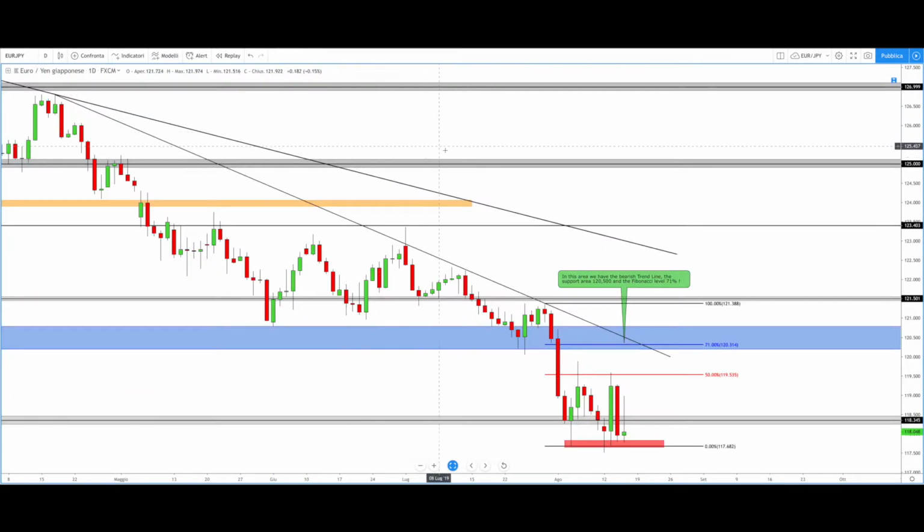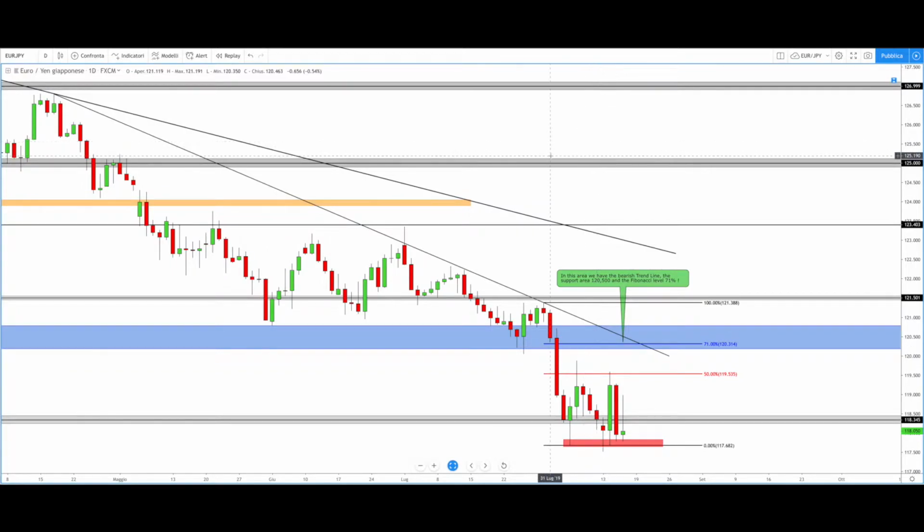Now we can watch the next one, Euro Japanese yen on the daily time frame here, guys, because we have a potential setup from this point. But last week we can see that the price failed to reach our entry point around 120.30 and started another bearish phase.